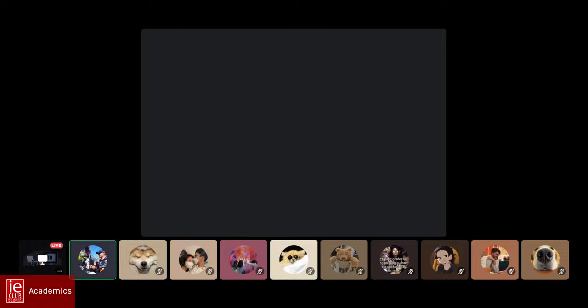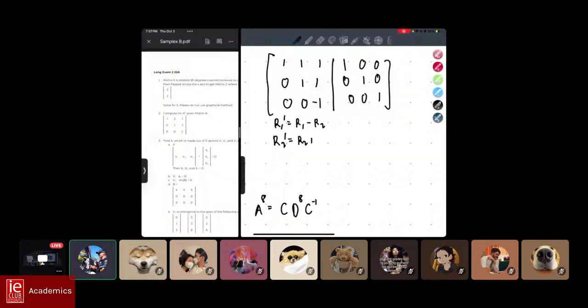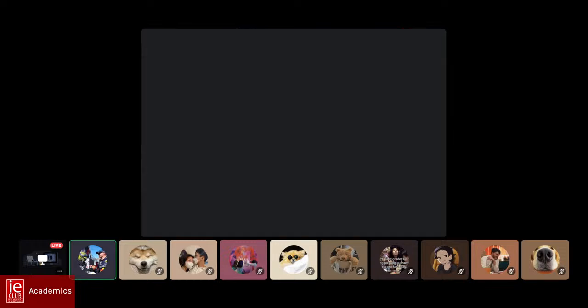So R1 prime is equal to R1 minus R2, and then we can just hit all the birds with one stone or whatever. R2 prime is equal to R2 plus R3, and then R3 prime is equal to, by convention, dapat negative 1 times R3. Ayan. Doing this all together.